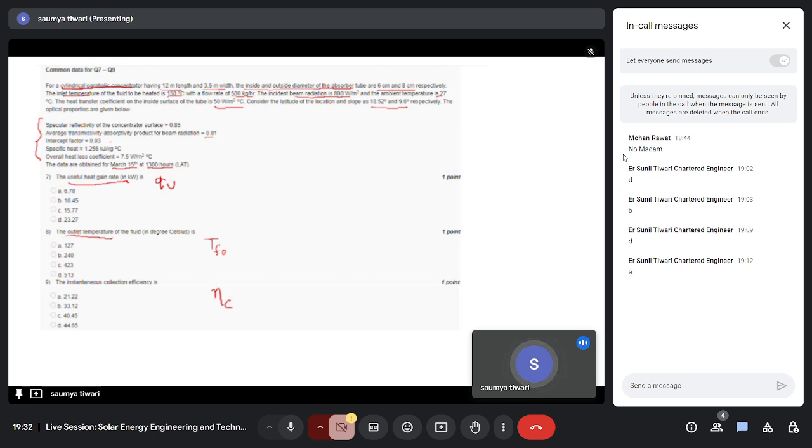Okay, let's start solving this question. What's given in the question is a cylindrical parabolic concentrator. It has 12-meter length.